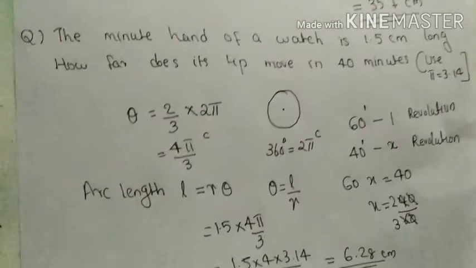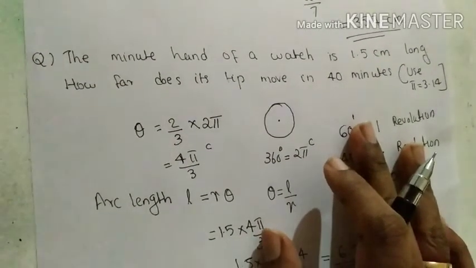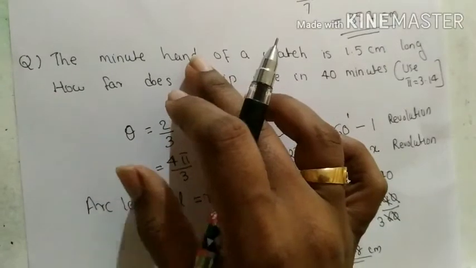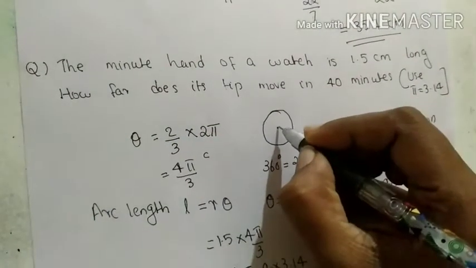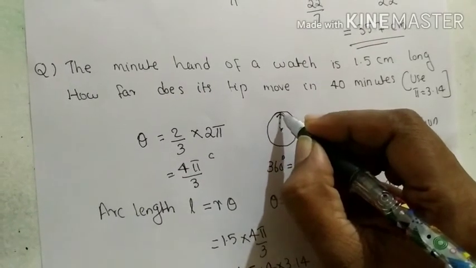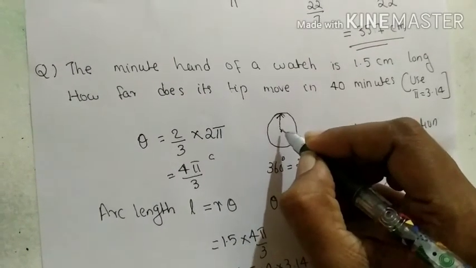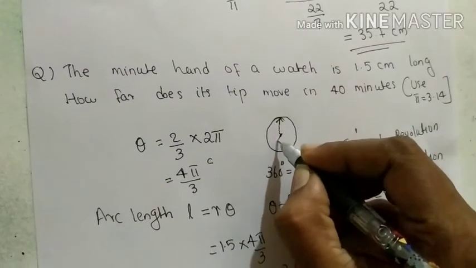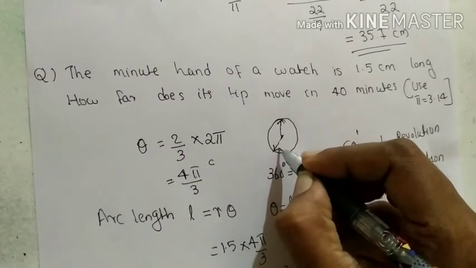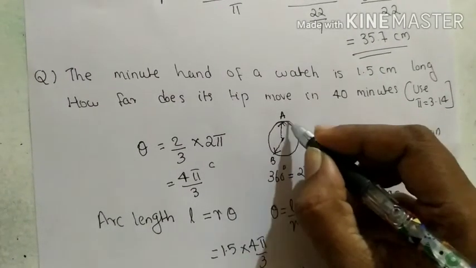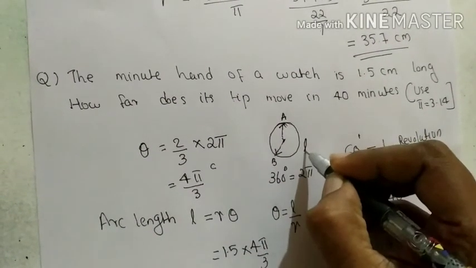Okay, so in this question we need to find out the distance traveled by the minute hand. So here the minute hand starts from here, and after moving 40 minutes it reaches here. So A to B is the arc length.